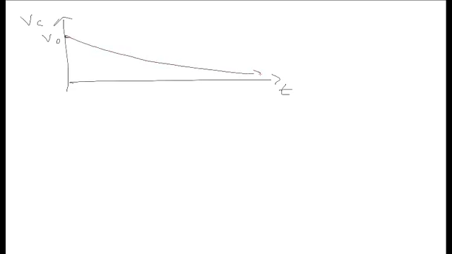So, what does this look like? If we plot Vc against time, initially we start at V0, and then it exponentially decays. As t goes to infinity, Vc of t is going to be 0. And this is what we mean when we say transient.